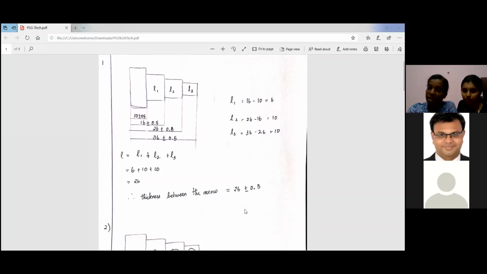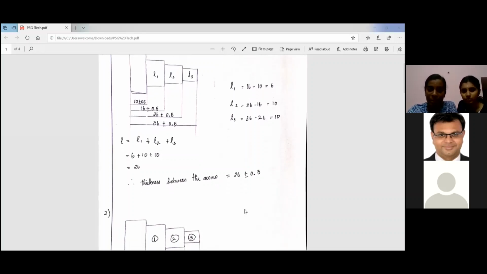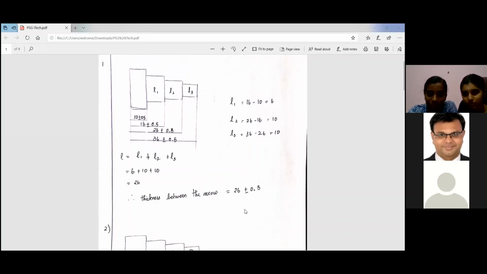As for the second sum, how did you arrive at 6? L1 is 16 minus 10. You have taken 16 as the total, the first length was 10. So for getting length 1, we subtracted 10 from 16.